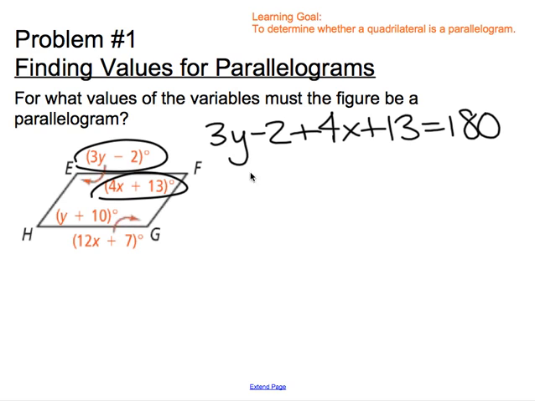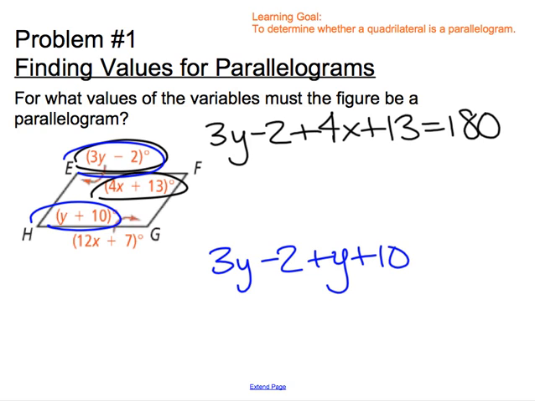A second equation that we can establish here is 3y minus 2 plus y plus 10 equals 180 degrees. We could establish other equations, but this second one is fairly easy to work with because you can see the equation only has y's.